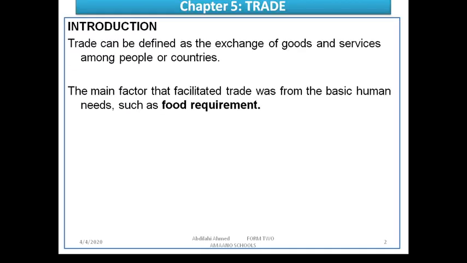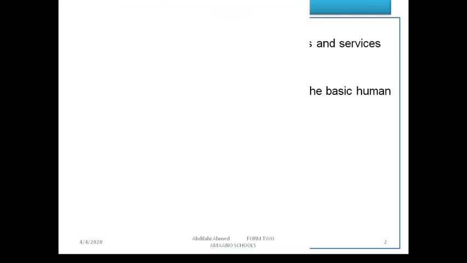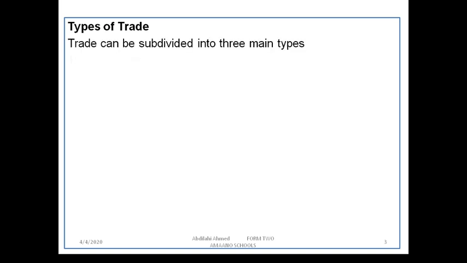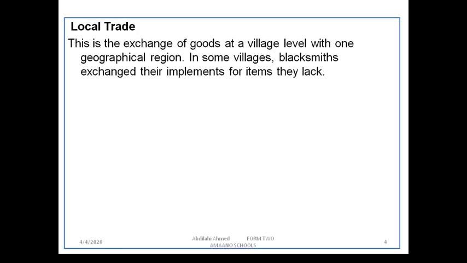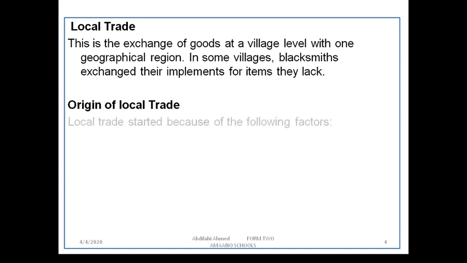So my dear students, let us recap our lesson today. We talked about what trade is. We talked about the main factor that made it easy for trade to start. And then we talked about the three types of trade: local trade, regional trade, and international trade. We also discussed local trade, what it is, with examples, and then we answered one big question: what was the main reason behind the origin of local trade?